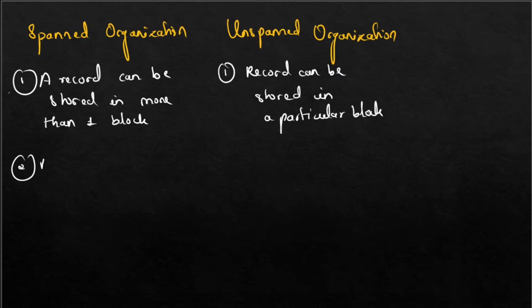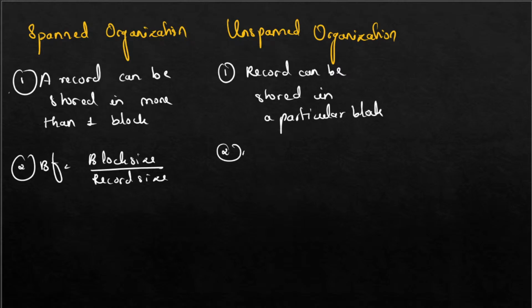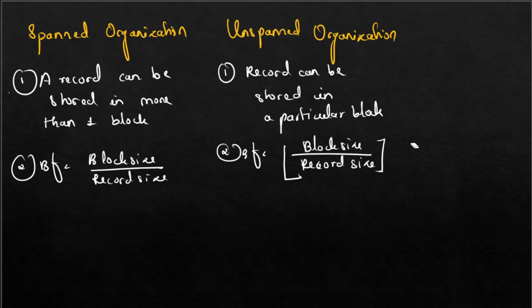Second is, in spanned, blocking factor is equal to block size by record size, and in unspanned, BF is equal to floor of block size by record size.